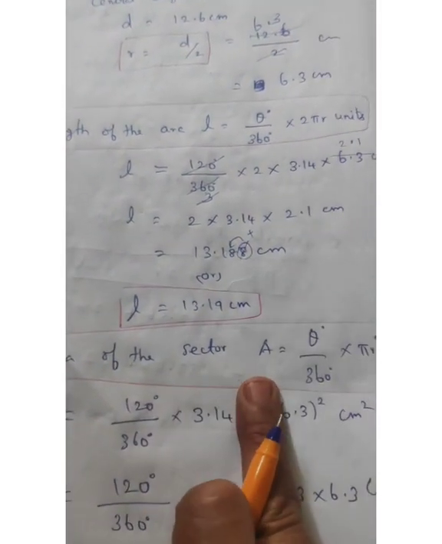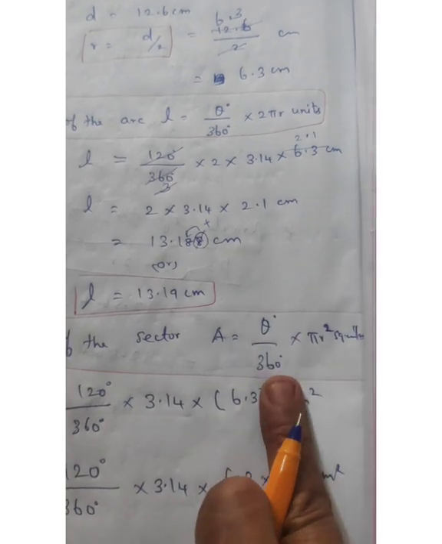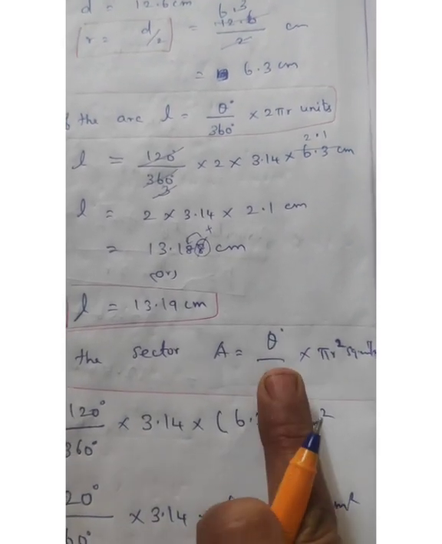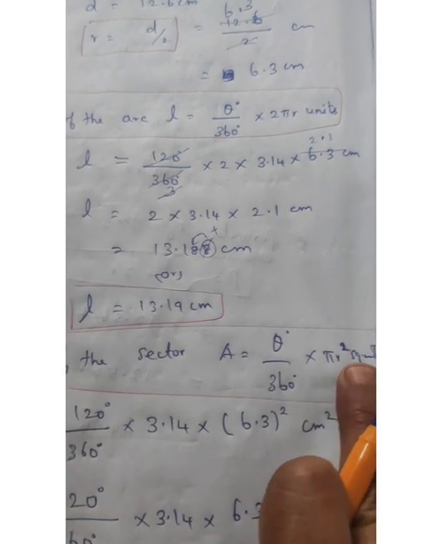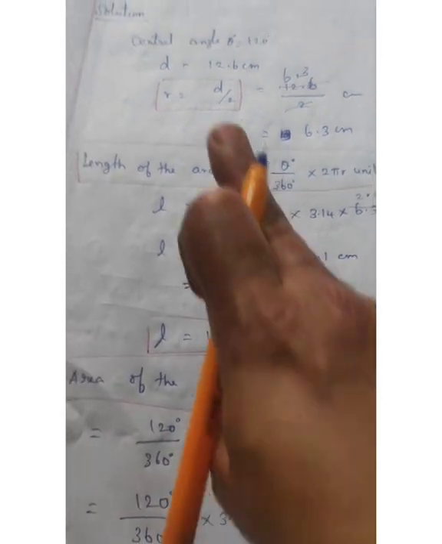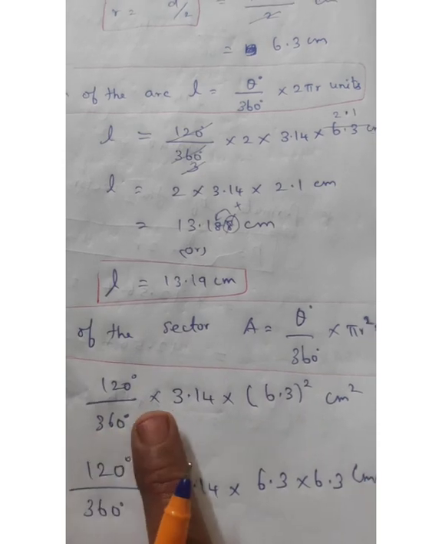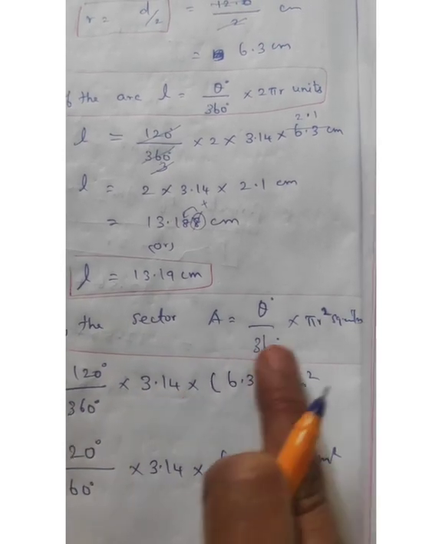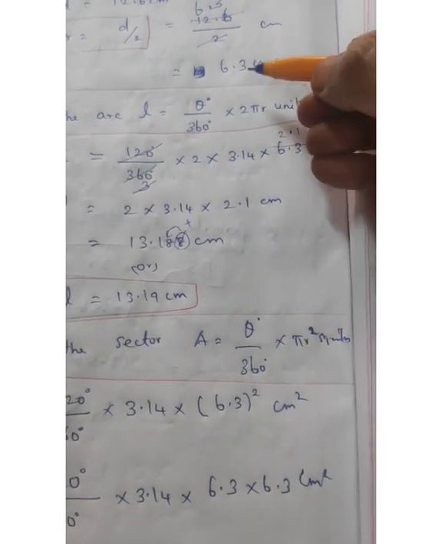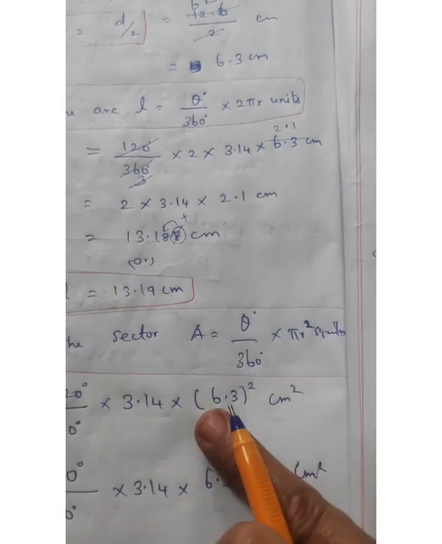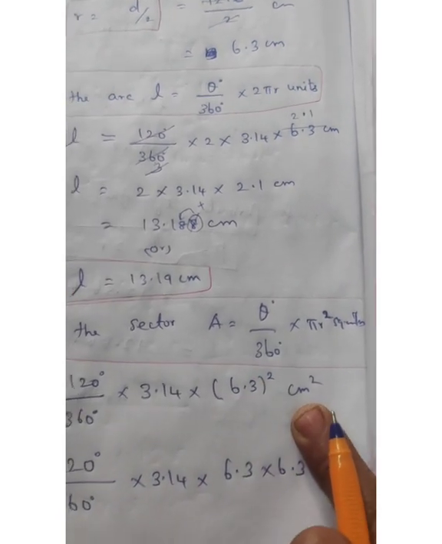Area of the sector formula A equal to theta degree divided by 360 degree into pi r square units. Theta value equal to 120 degree divided by 360 degree into 3.14 into r value equal to 6.3, here square for 6.3 whole square centimeter square.